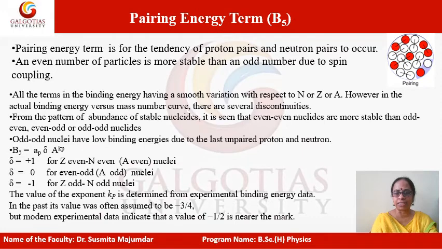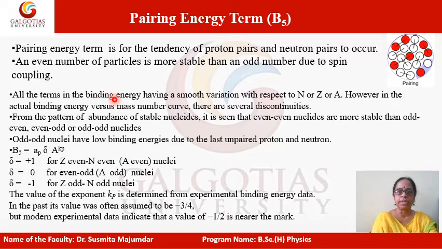The next energy term is the pairing energy term. This is also a correction term. The pairing energy term is for the tendency of proton pairs and neutron pairs to occur. As an even number of particles is more stable than an odd number due to spin coupling, this term is incorporated.